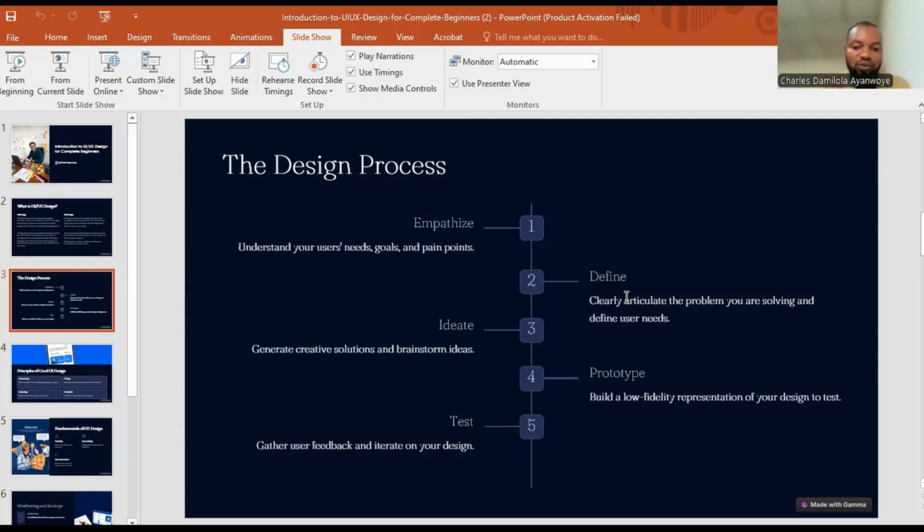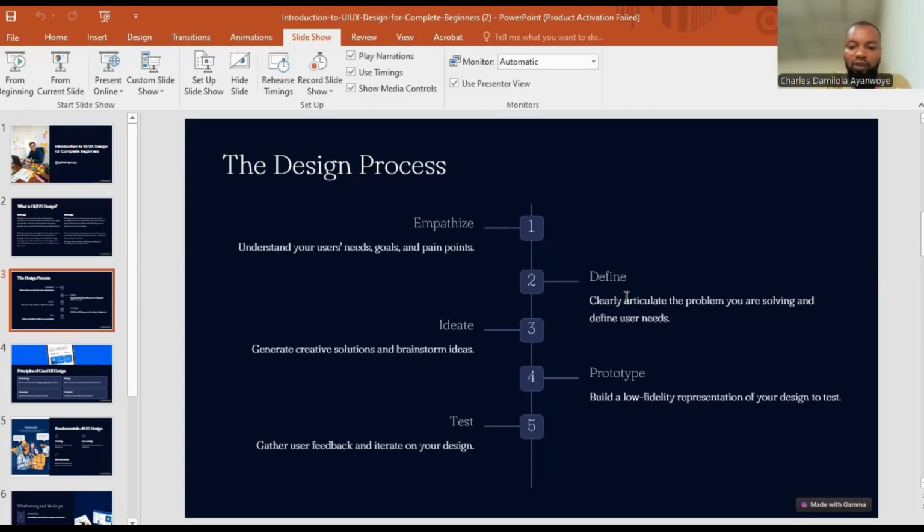So if you don't carry out the low fidelity representation of your actual design, and you just go ahead to build the design that you want to push out there, it might be a problem, especially if you have very limited time to ensure that things are done. It will be a problem.